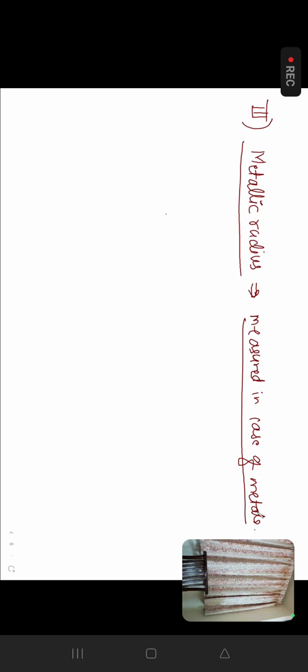Can you tell the spelling? Metals form crystal lattices. Lattices is the plural form.